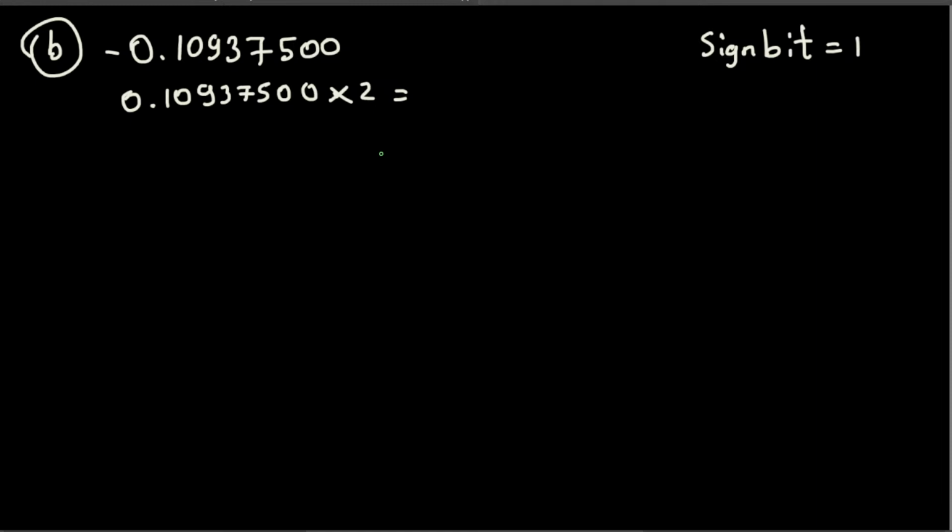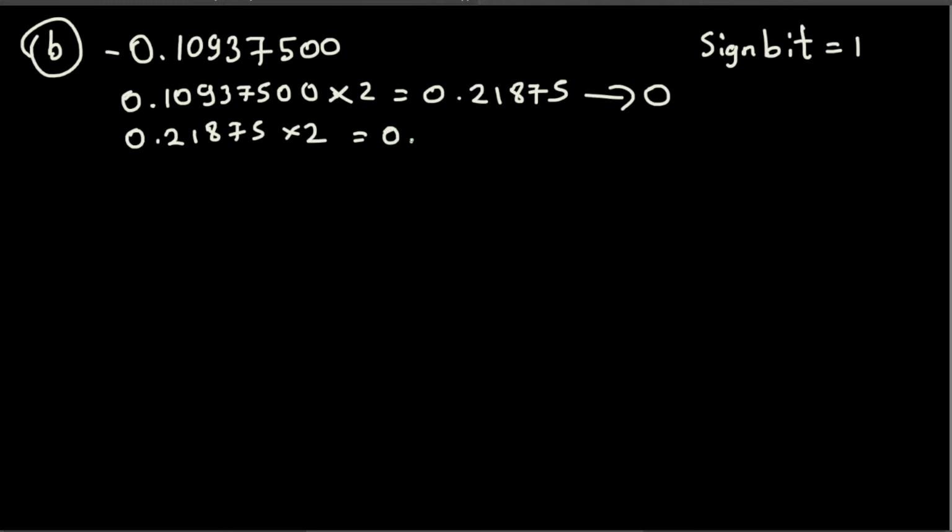If I multiply this by 2, this gives 0.21875, and here we have 0 in front of the decimal point, so we put it right here. And then 0.21875 multiplied by 2 gives us 0.4375, and here we have 0 in front of the decimal point, and then 0.4375 multiplied by 2 gives us 0.875.